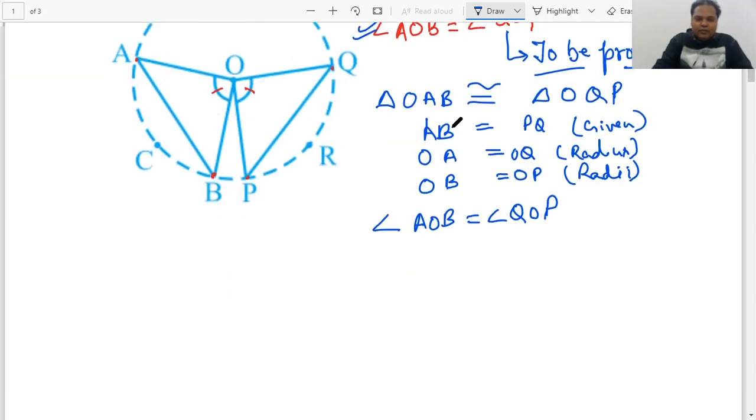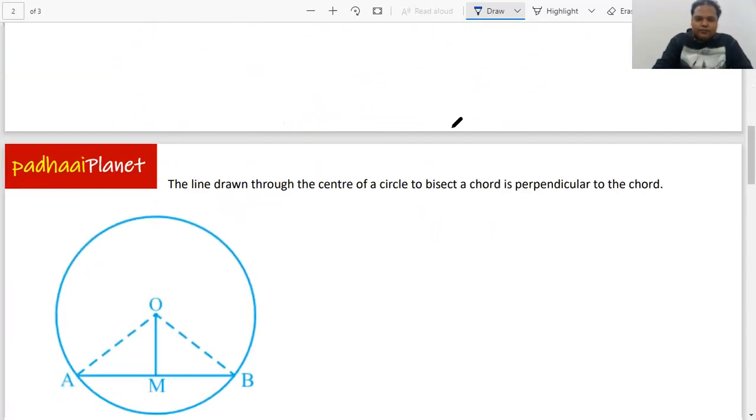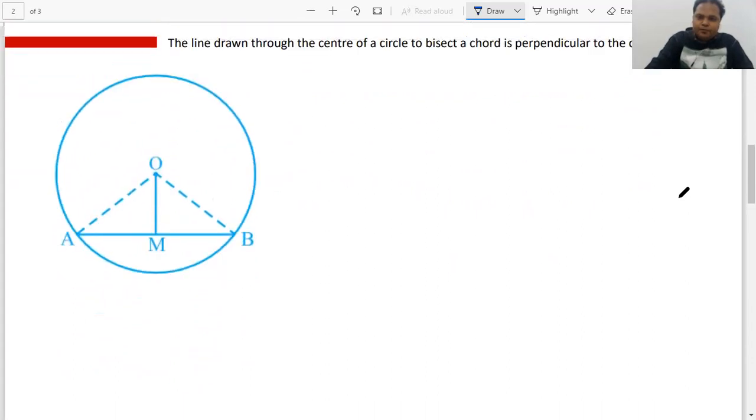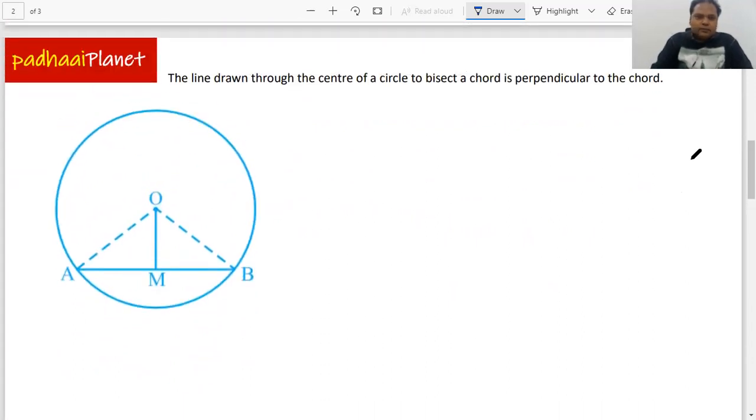We have another theorem which we need to prove, and that's one of the most used theorems of circles. It says that the line drawn through the center of a circle to bisect a chord is perpendicular to the chord.